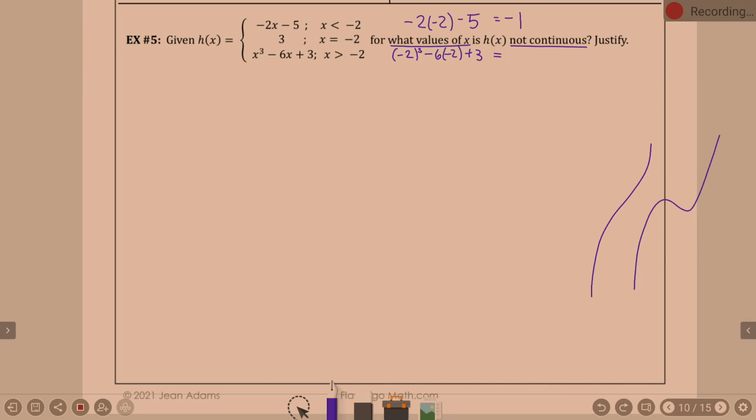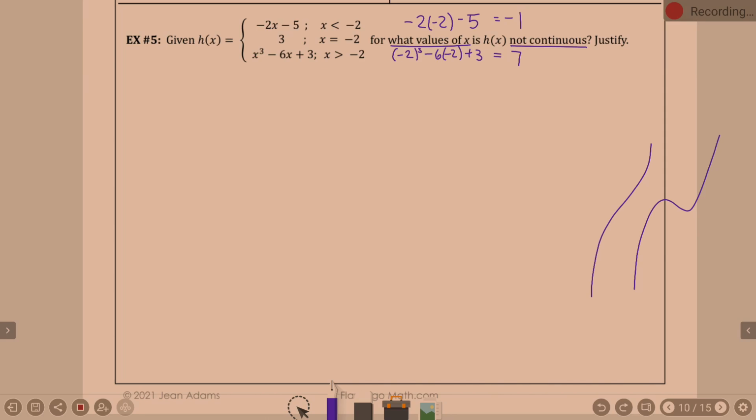Negative 8 plus 12 is 4, plus 3 is 7. Mental math, right? I forgot that the 8 was negative. So right here, we know it's definitely not continuous, right?